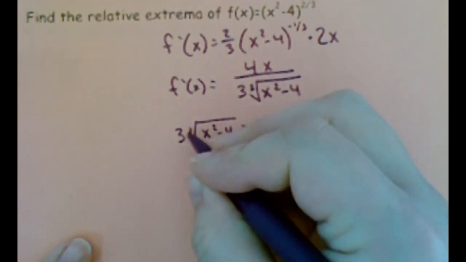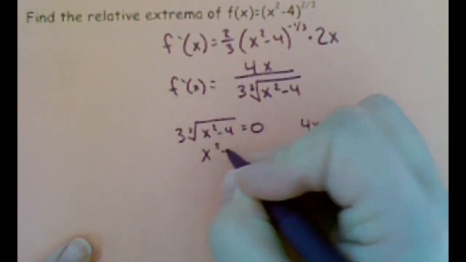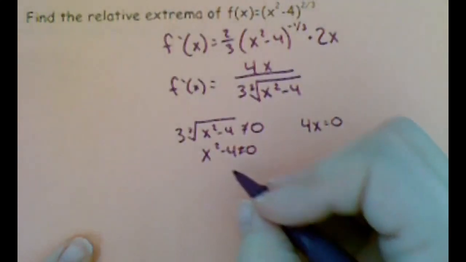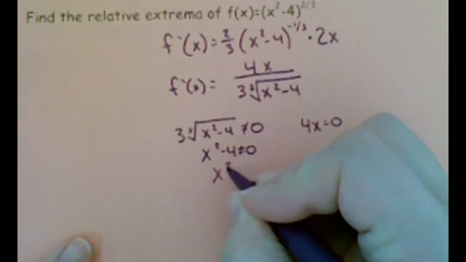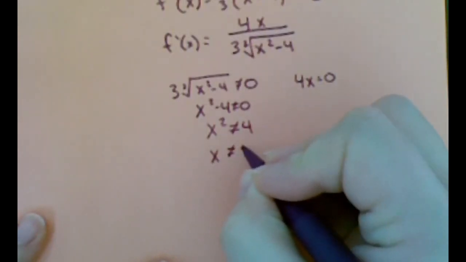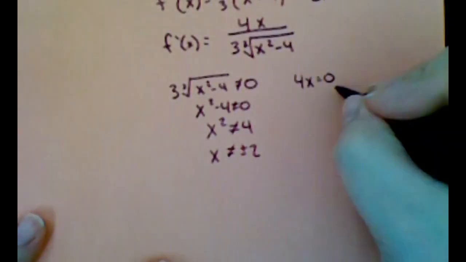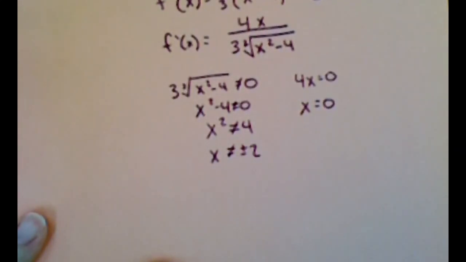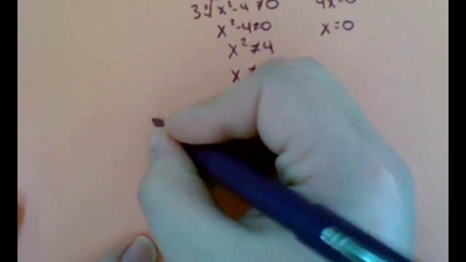Let's see, divide the 3 over and then cube both sides. I still get x squared minus 4 equals 0. And if I add the 4 over, x squared equals 4, which means x equals positive or negative 2. And then over here we divide the 4, x equals 0. So we have 3 critical numbers, 0, +2, and -2.